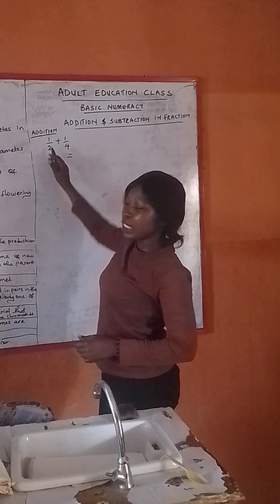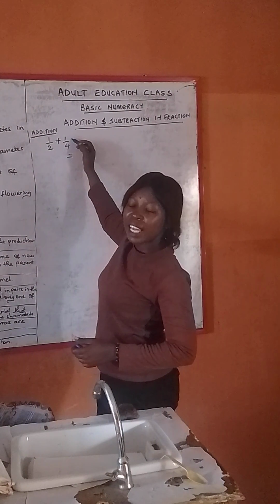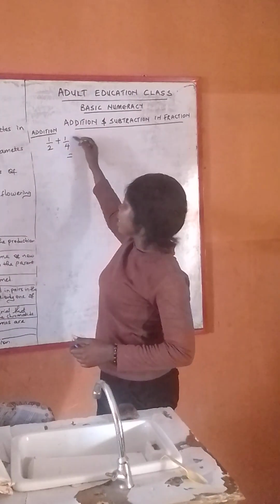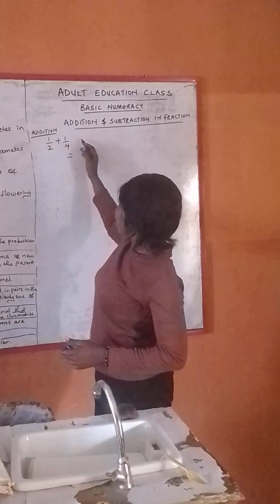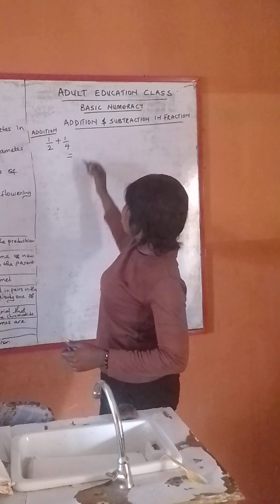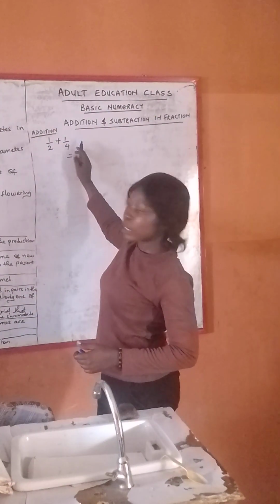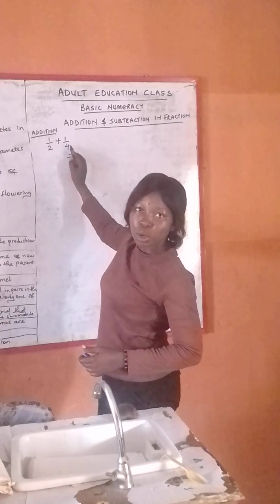If you want to do this, we can see that the numerators are the same, while we have different denominators. Now, the easiest way to do this is to go and get the lowest common factor of these denominators.